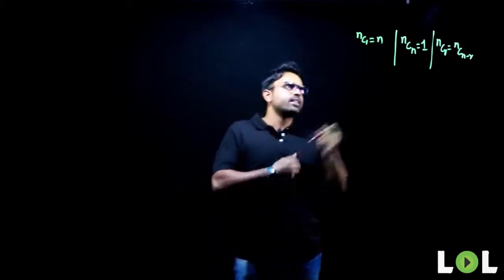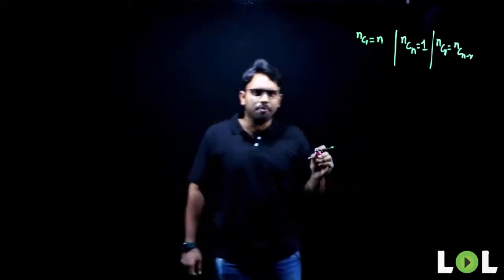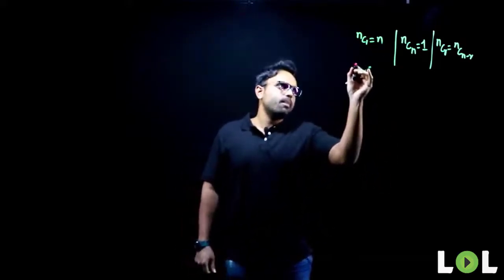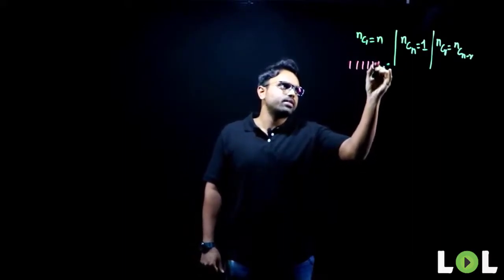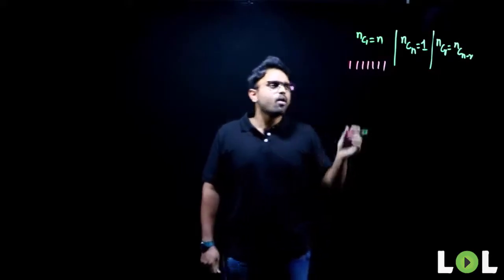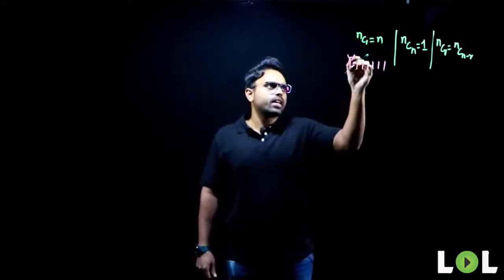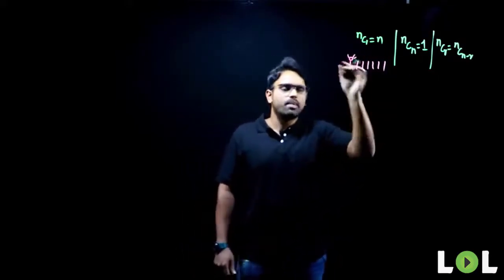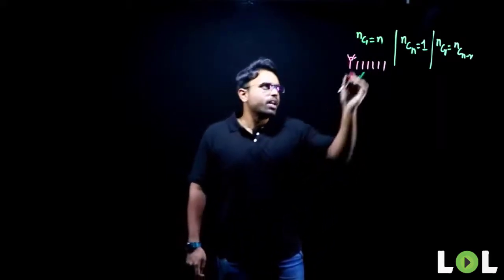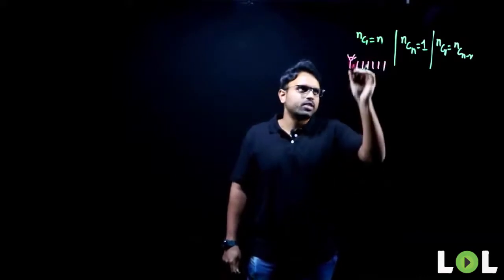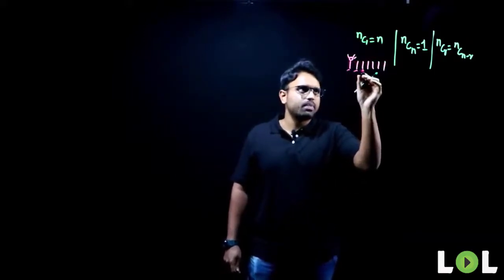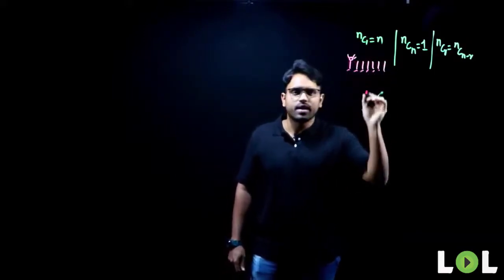Now, let's understand NC1 is equal to N. Let's say there was a Kabaddi team of 7 people: 1, 2, 3, 4, 5, 6 and 7. Now, one of them had to be crowned as a captain. In how many different ways can you select the captain? It can either be the first person, second, third, fourth, fifth, sixth or seventh.